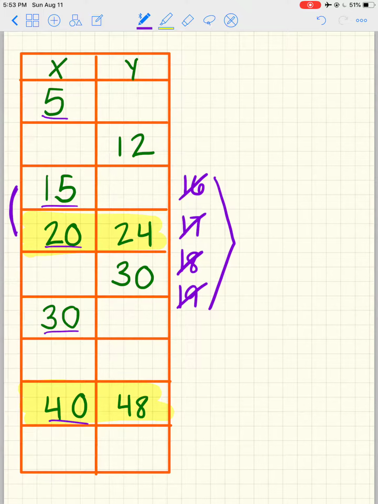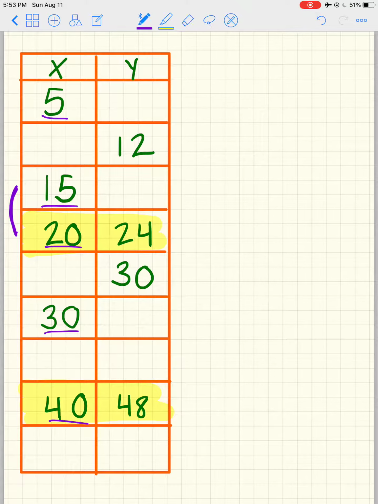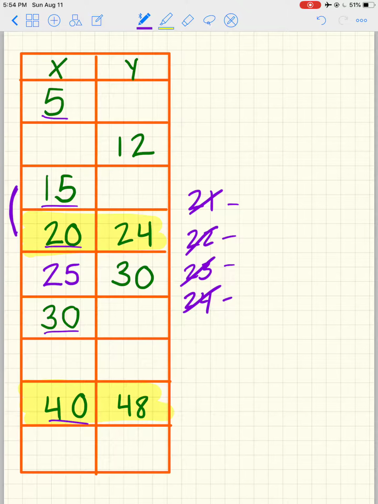They skipped 4, and the 5th number was the next one they used. So I'm going to assume that every time they skip 4 numbers, and then write the 5th number down. So let's look: 20, 21, 22, 23, 24. We've skipped 1, 2, 3, 4 numbers, so our next number would be 25. That's what's going to go in our blank.